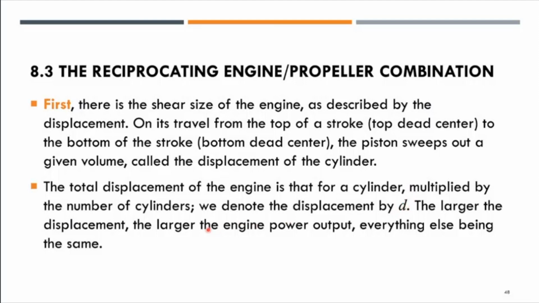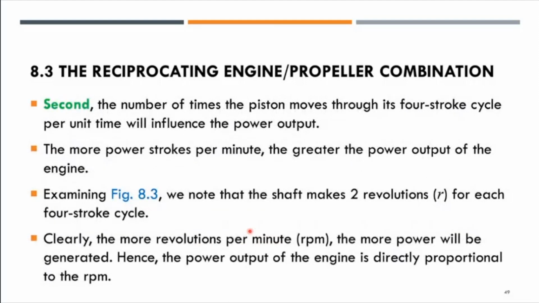The larger the displacement, the larger the engine power output, everything else being the same. The second aspect is that the number of times the piston moves through its four-stroke cycle per unit time will influence the power output. The more power strokes per minute, the greater the power output of the engine.